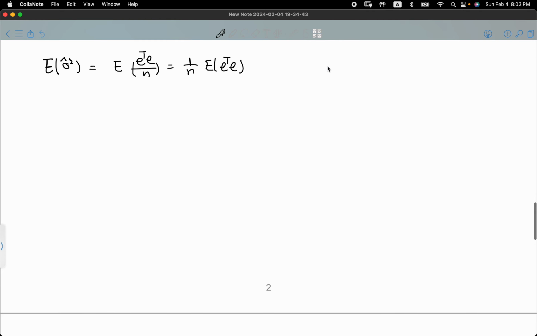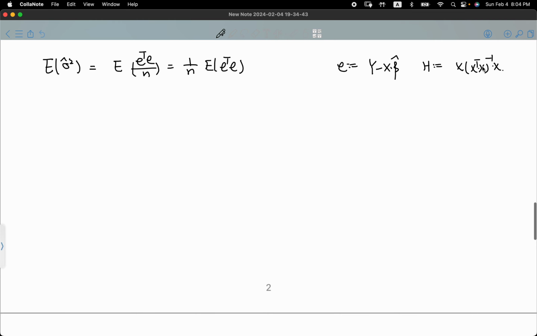Here, let's make some more comments. Earlier we defined the residual as the true value minus the predicted. Here, let's also define another matrix H. This is X multiplied by X transpose X inverse X transpose.